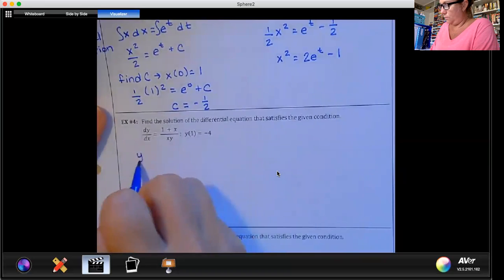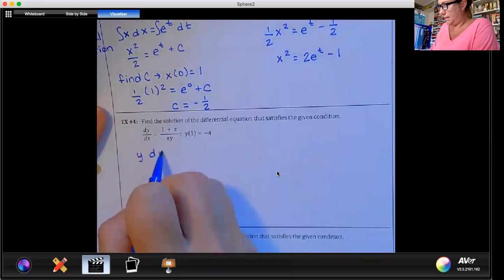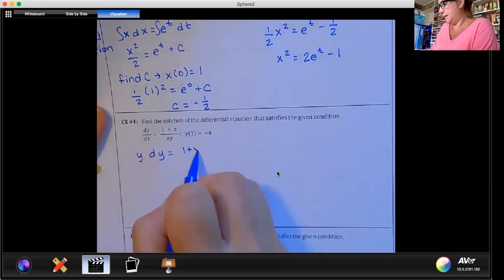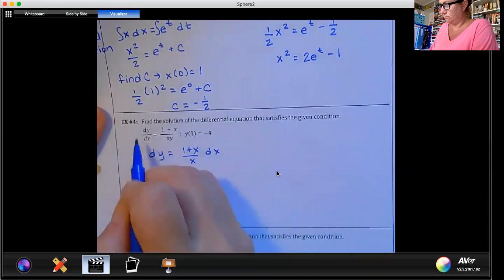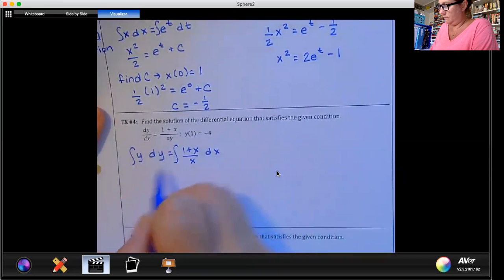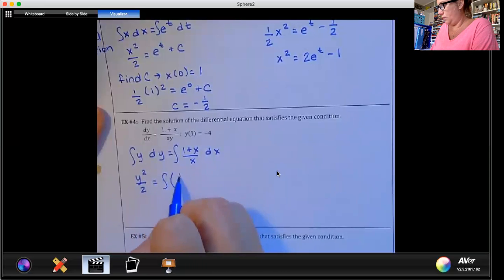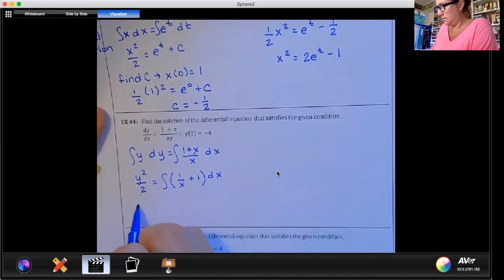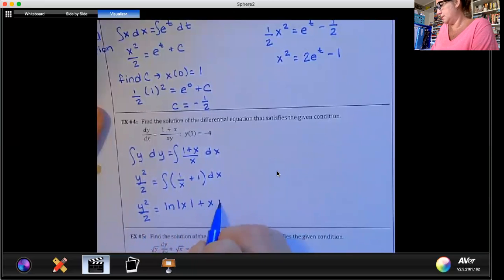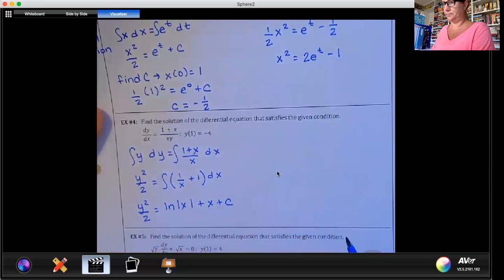All right, y dy equals (1 plus x) over x dx. Antiderivative: y squared over 2 equals, I'm going to split this up, (1 over x plus 1) dx. So y squared over 2 equals ln absolute value of x plus c.